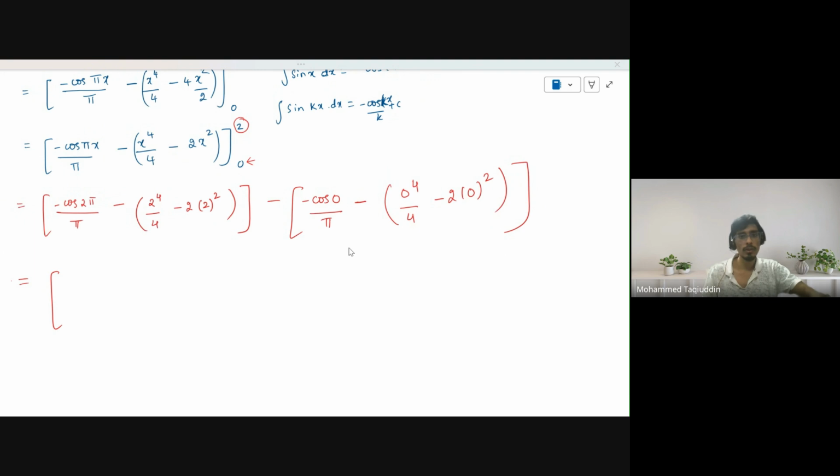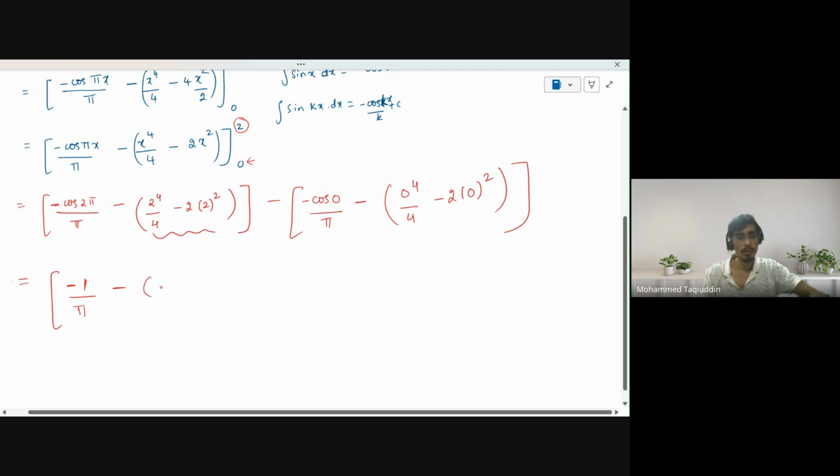Now when you substitute x equals 2 in this, what am I going to get? If you put it in the calculator, minus cos 2 pi upon pi, it's negative 1 upon pi. Minus, if you solve this one, 2 power 4 upon 4 minus 2 times 2 square, it's going to be negative 4, isn't it?